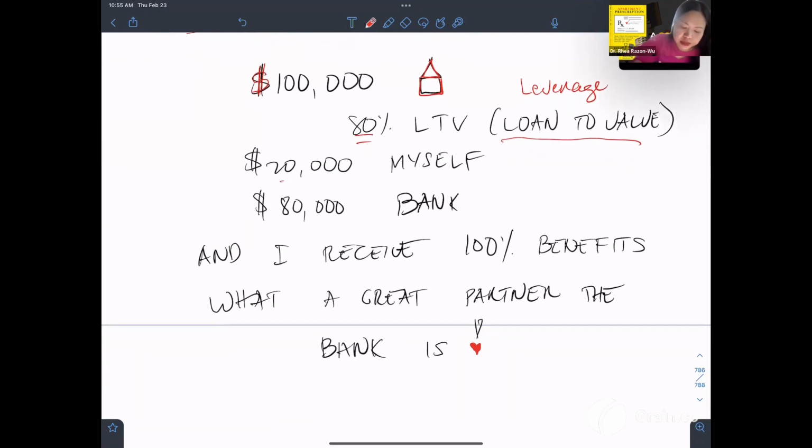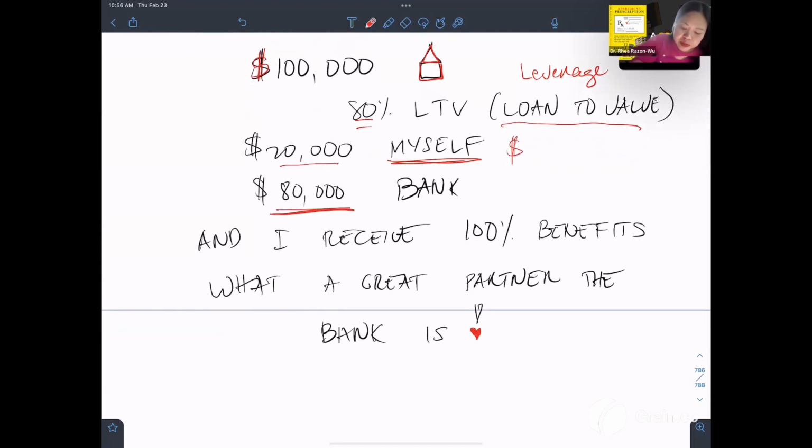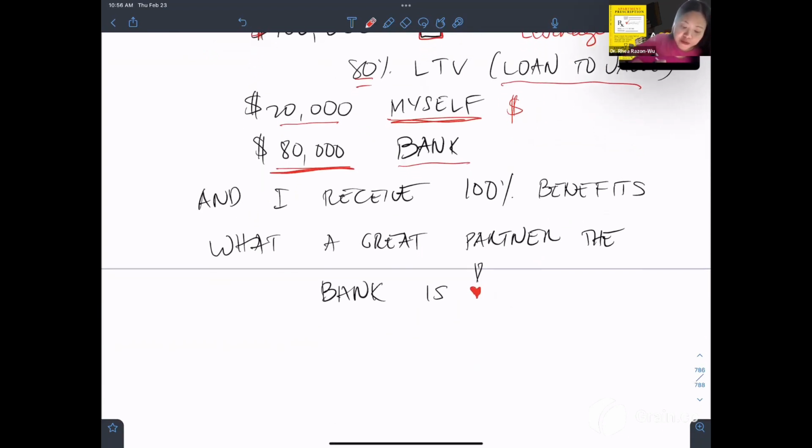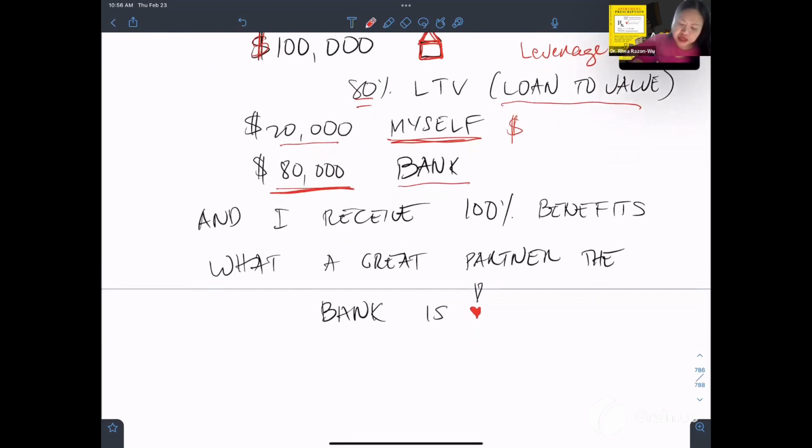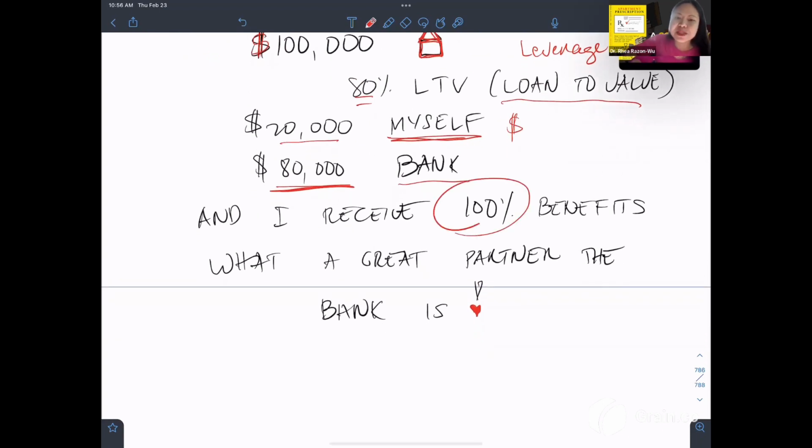So that means 20,000 is from my own money, and 80% or 80,000 is leverage from the bank. And therefore, I'm able to buy this property for 100,000. So I get 100% benefit, and my partner gets nothing. And my partner is the bank.